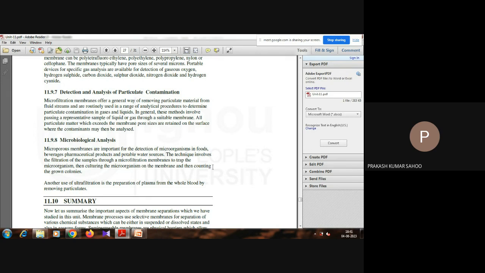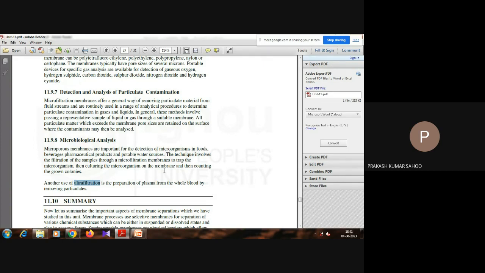And at the end, ultrafiltration is used for the preparation of plasma from whole blood by removing particulates.